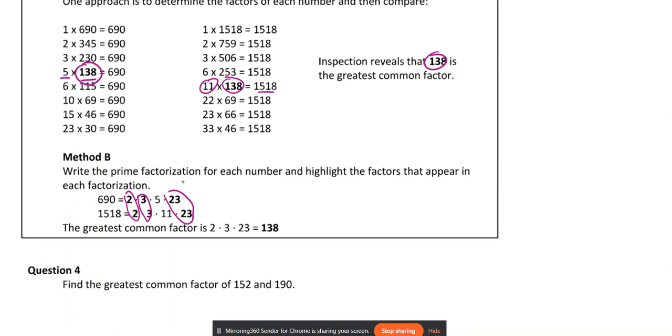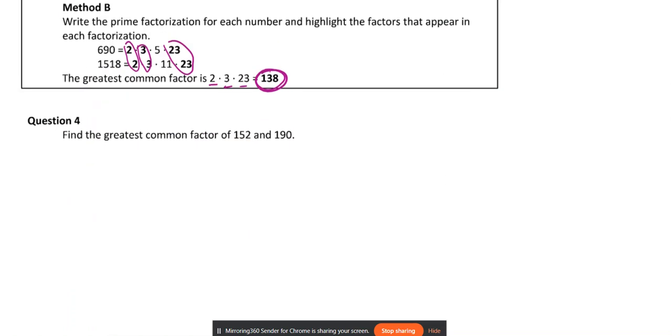So if those are in common for both, if I multiplied those, then I'd end up with 138. Does that kind of make sense? They have those prime numbers in common. So 2 times 3 times 23 gives you 138. So that has to be a common factor to both. It's magic, yeah.